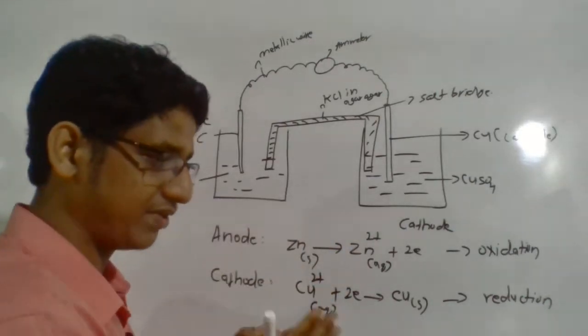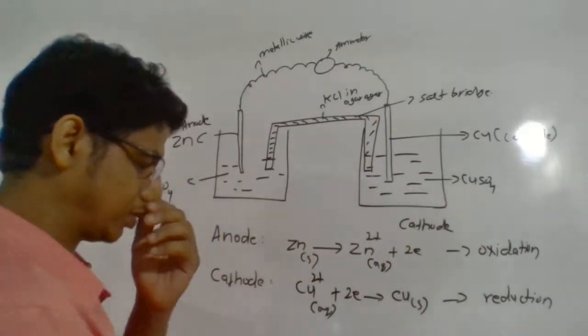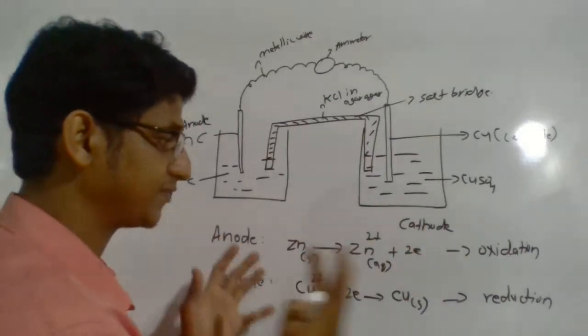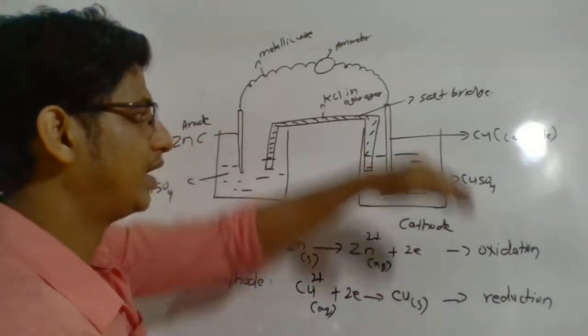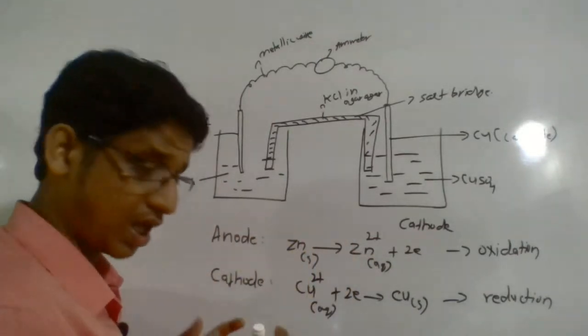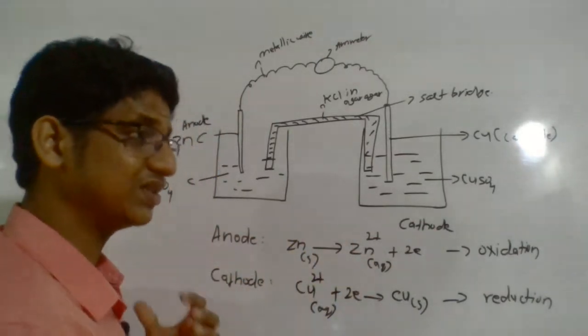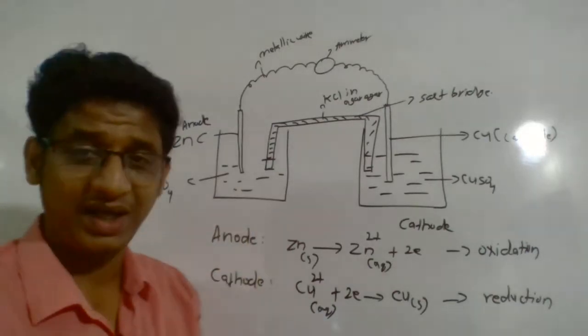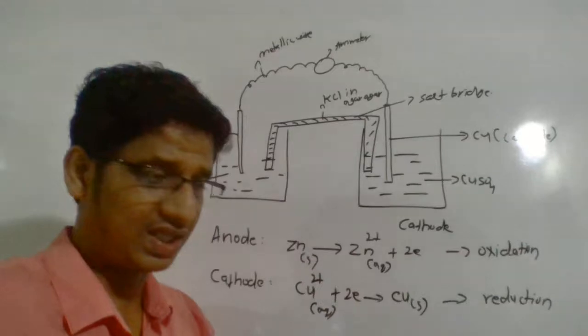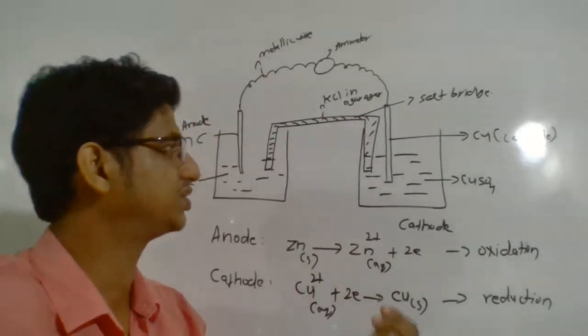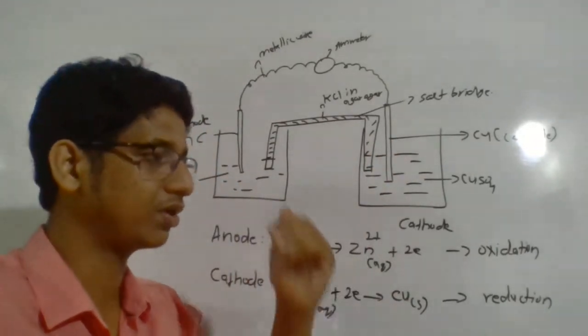So basically, a galvanic cell consists of two electrodes and two half cells, in which a particular electrode is dipped in its own solution, and these two have different oxidation or reduction tendency. Now why is this working as a cell? Because compared to zinc and copper, zinc has more tendency to undergo oxidation, and copper has more tendency to undergo reduction.